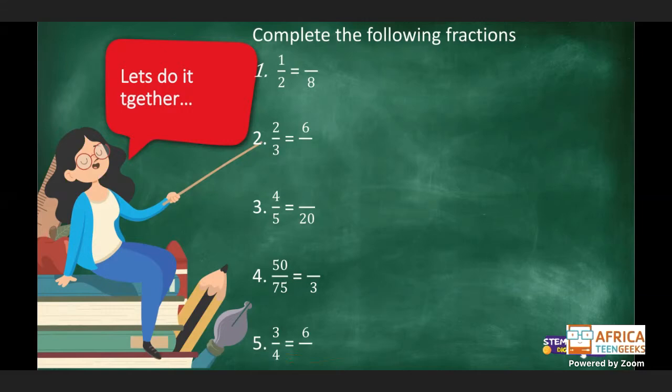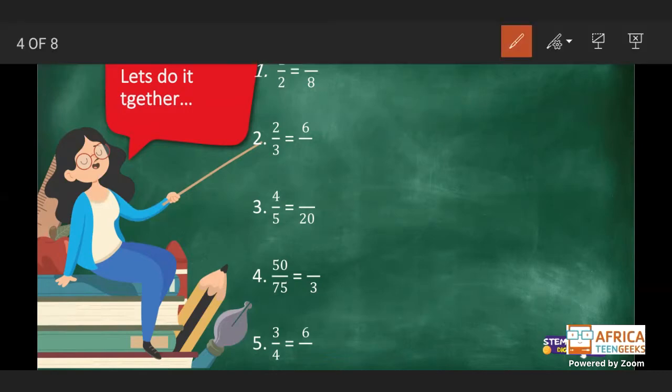So now let's complete the first example. Here we have 1/2, and we are trying to find the equivalent fraction. They only gave us our denominator, 8.